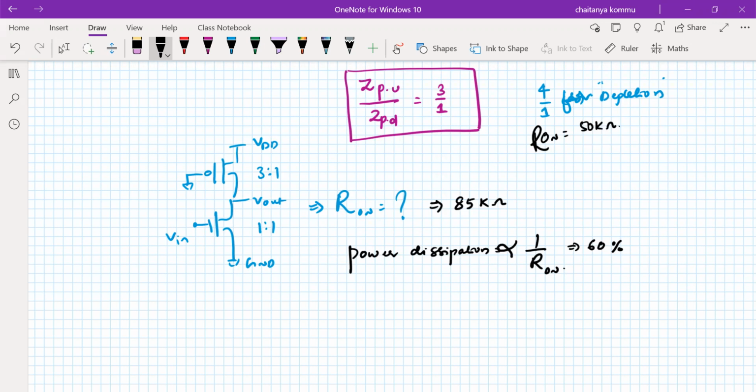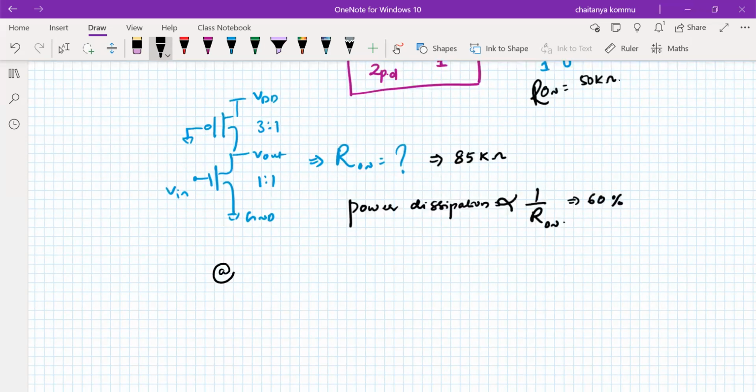In this pseudo-NMOS logic, yes, the ratio is 3:1 we are maintaining. But anyway, it's depending upon the ratios. Okay, so in spite of less number of transistors, the output values are depending upon the ratio of the circuit. That's the one point we have to remember. So the first one is the general CMOS, normal CMOS versus pseudo-NMOS.